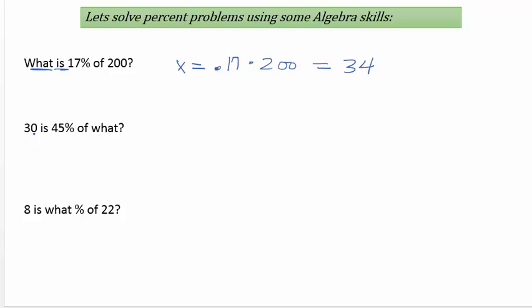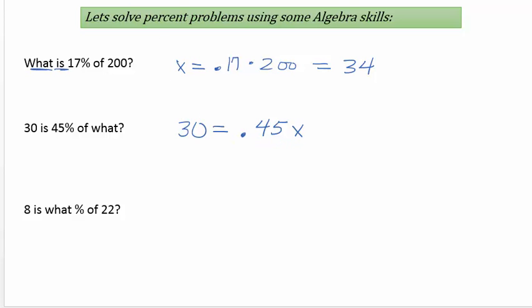Now let's look at this one. 30 is 45% of what? Well, what we get here is, here's your 30 is, that's 30 equals, 45% means 0.45 when we change it to a decimal, of what means times what, and our what is what we're looking for, so we can put an x there. So 30 is 45% of what turns into 30 equals 0.45x.